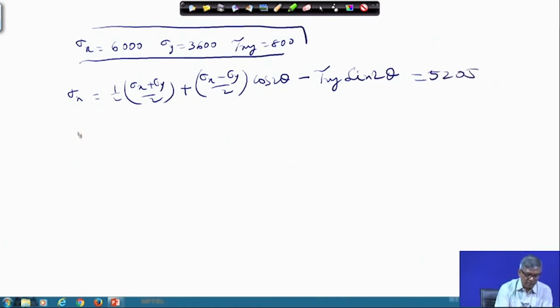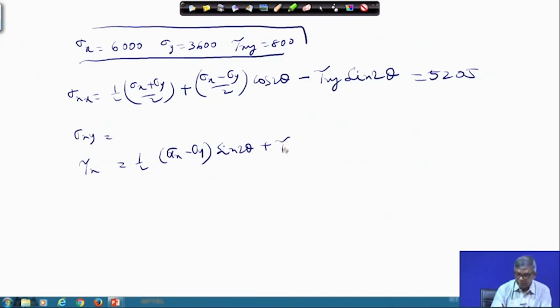Similarly, I can find out this, suppose the x component and sigma n y. With theta value 180 plus 2 theta, if I do, I will get this value also, but let me not, I have not discussed much on this. Now, I will say tau n, for which I have given the expression: sigma x minus sigma y by 2 into sin 2 theta plus tau x y cos 2 theta.